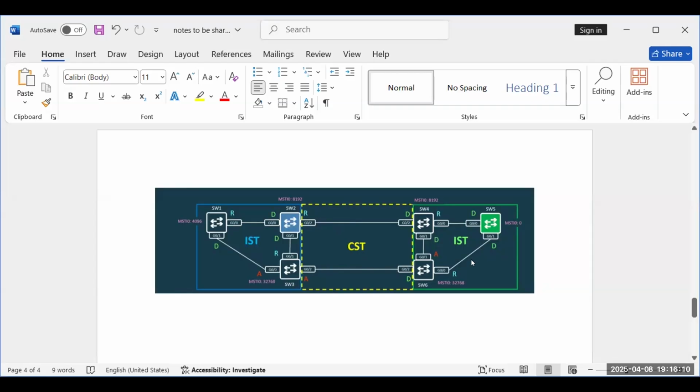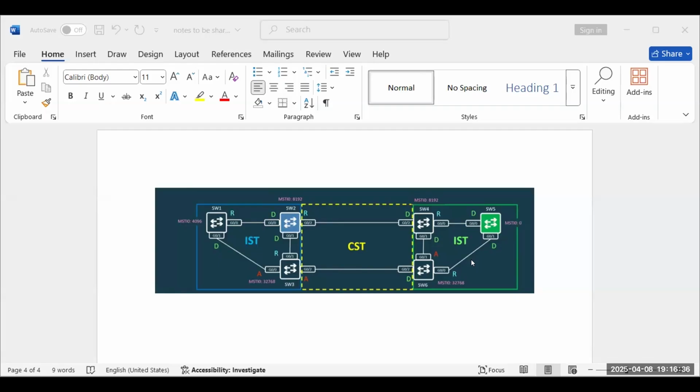Okay, so the CST regional root, the switch 5, is the CST regional root. This regional root has been defined. But in each region, there should be a root bridge.